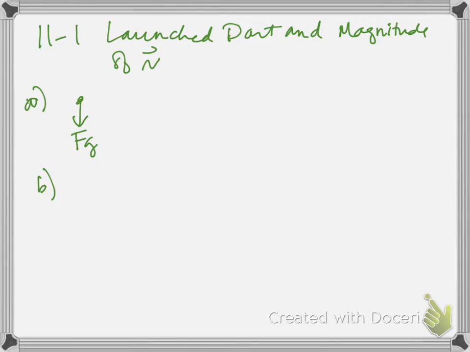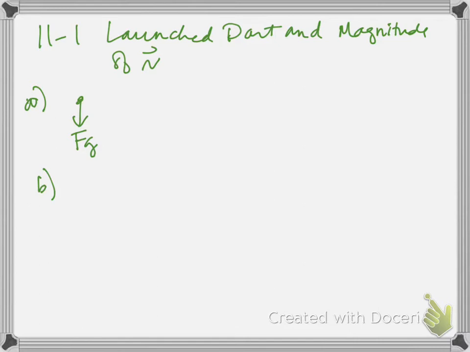The vertical velocity, the speed down decreases. So if up is positive, then your acceleration is negative, and so the slope of your vertical velocity versus time graph is negative. Acceleration is constant at 9.8 meters per second squared down.